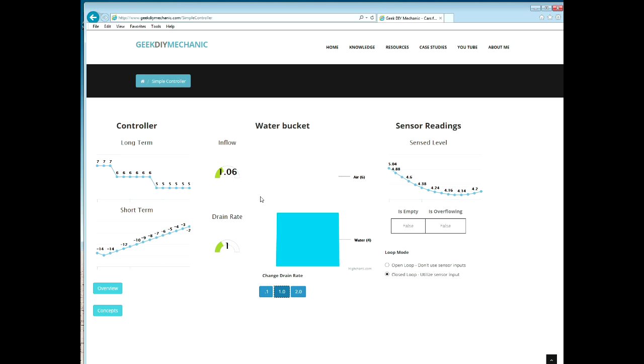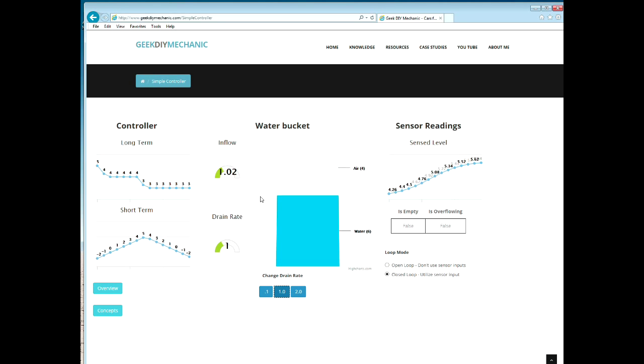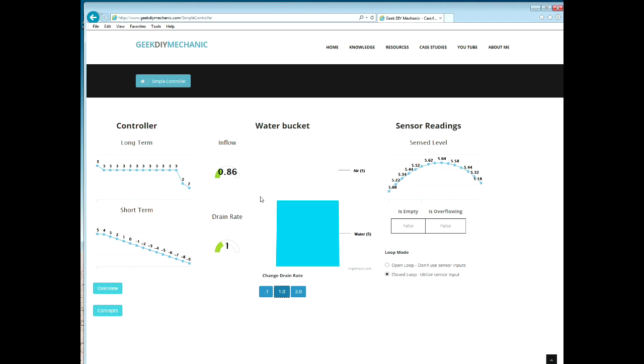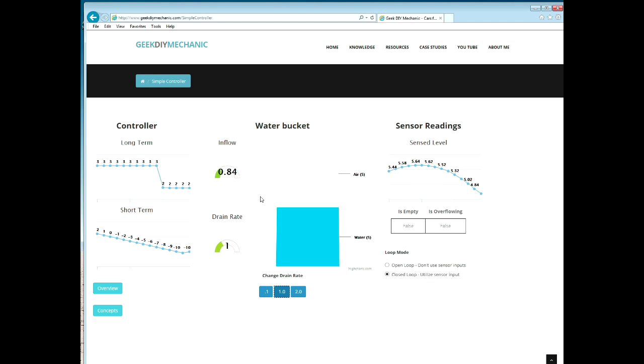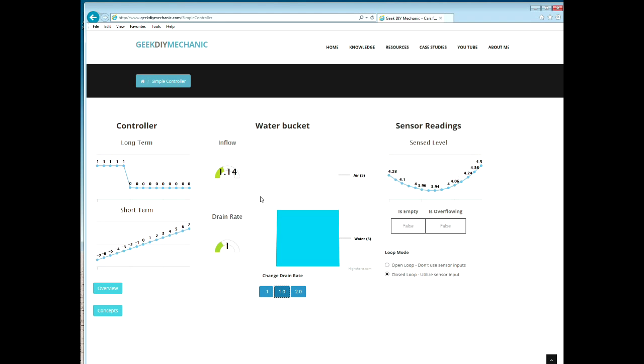We're at 5. Still dropping. Well, let's see if long term goes negative.